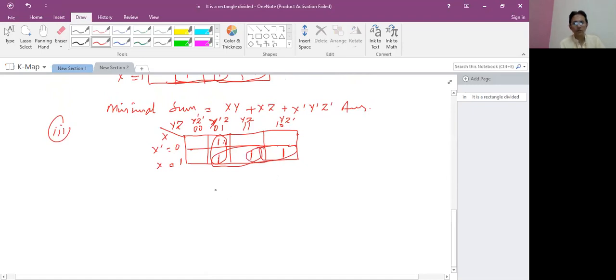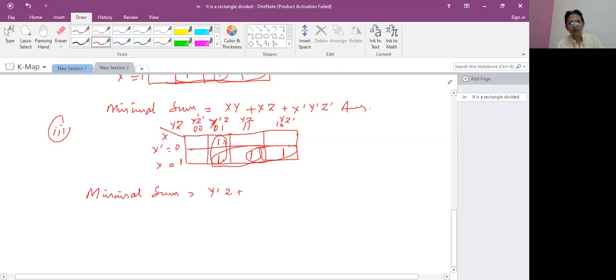There are 3 loops made up. So find the minimal sum in this way. It has 1 loop, so in the vertical column and in this row, it has no common value, and that is called the minimal sum of the loop.